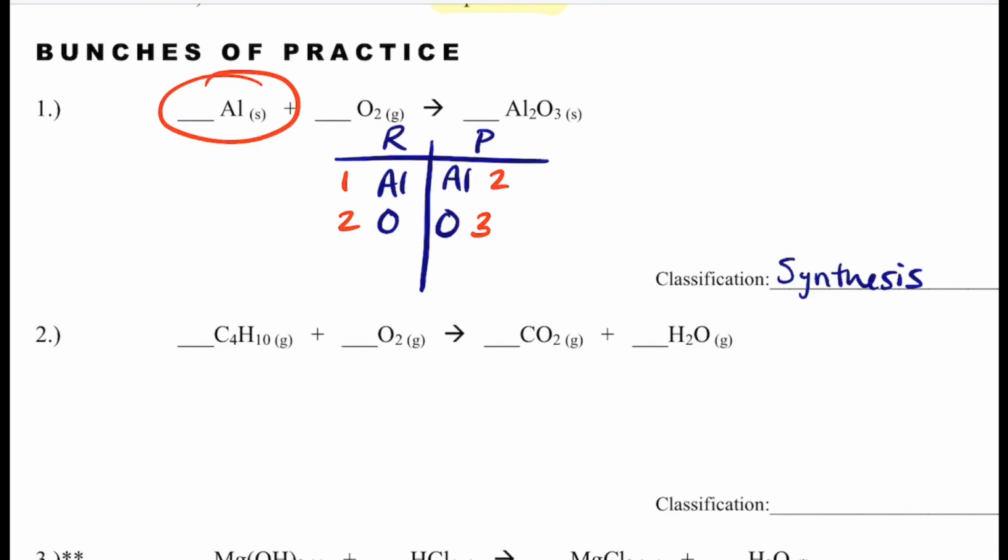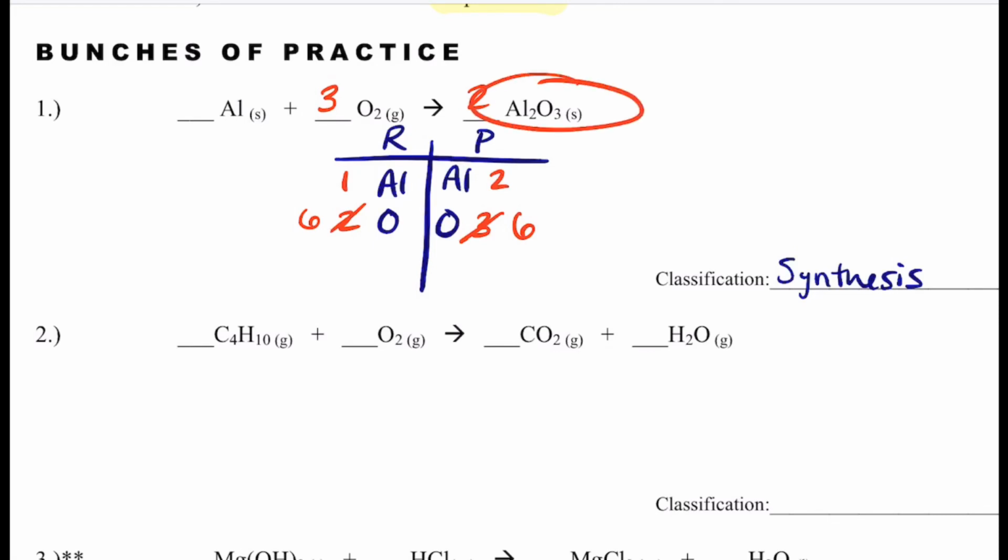So the element I should focus on first here would be oxygen. I've got 2 oxygens here and 3 oxygens on the right-hand side. The least common multiple between those two is 6, so I want to get 6 oxygens on each side of my reaction. If I put a 3 here, 3 times the 2 already there gives me 6. And if I put a 2 here, that 2 times the 3 there also gives me 6. And so my oxygens are balanced.